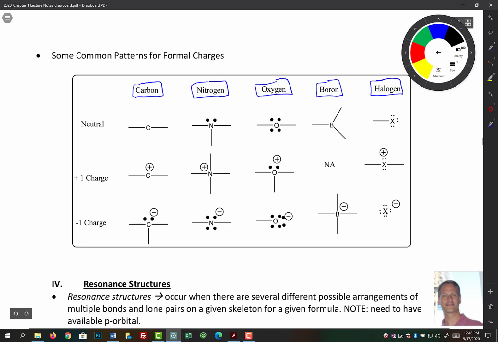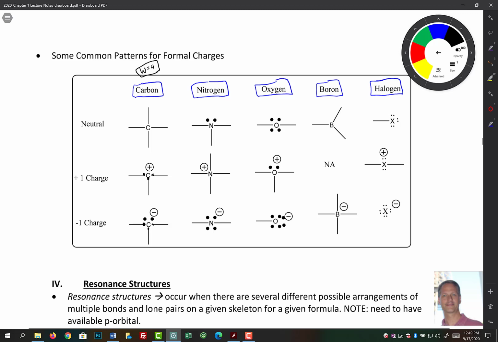So if we go down below, remember carbon wants 4. How many does it own? Here it owns 4, so it's a formal charge of 0. Here we own 1, 2, 3. So 4 minus 3 gives you plus 1. And here we own 1, 2, 3, 4, 5. 4 minus 5 gives us minus 1. I won't go through them all, but you can see the pattern here with all these structures.